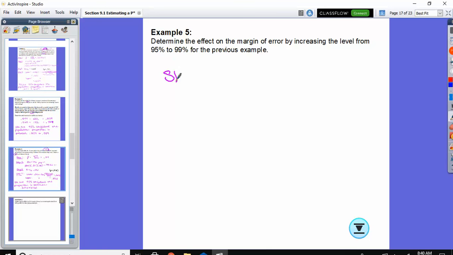So what you need to do is go to Stat, over to Tests, and then scroll down until you get to A. It's a 1 proportion Z interval.